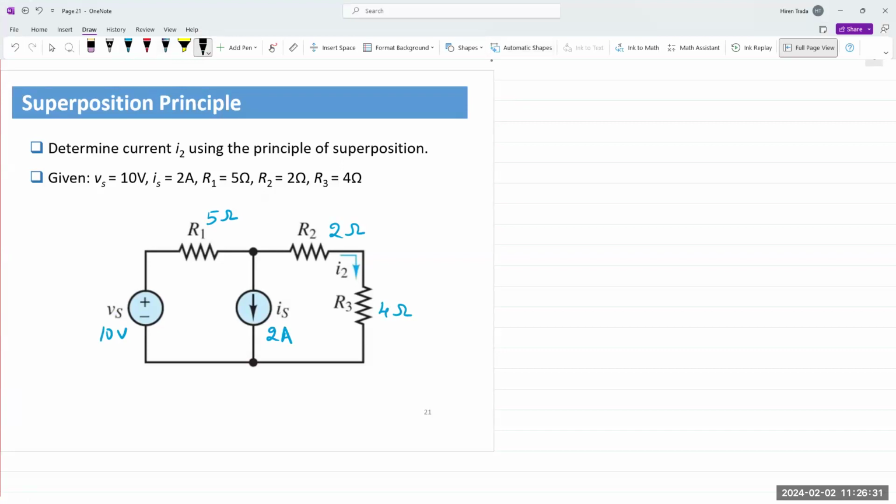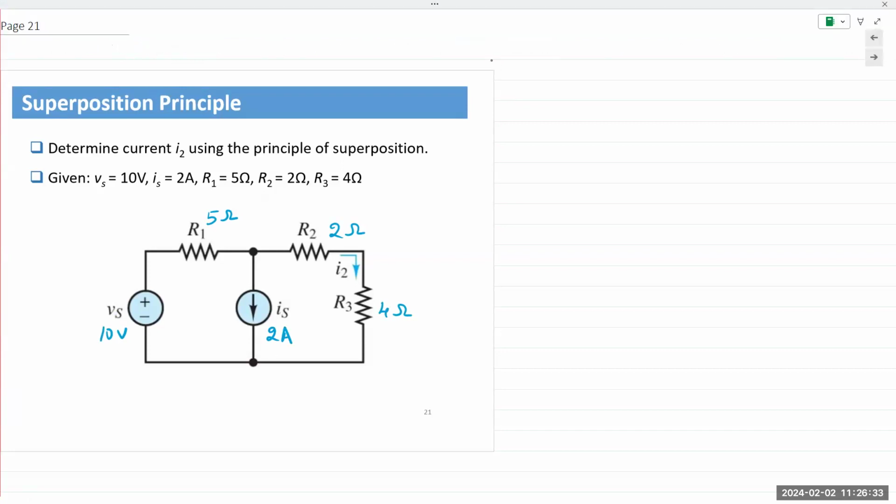What I'm going to do is I'm going to note circuit A when Vs is active, and when Vs is active, it automatically means all other sources in the circuit are reduced to 0. In this case, the only other source in the circuit is Is, so Is is reduced to 0.